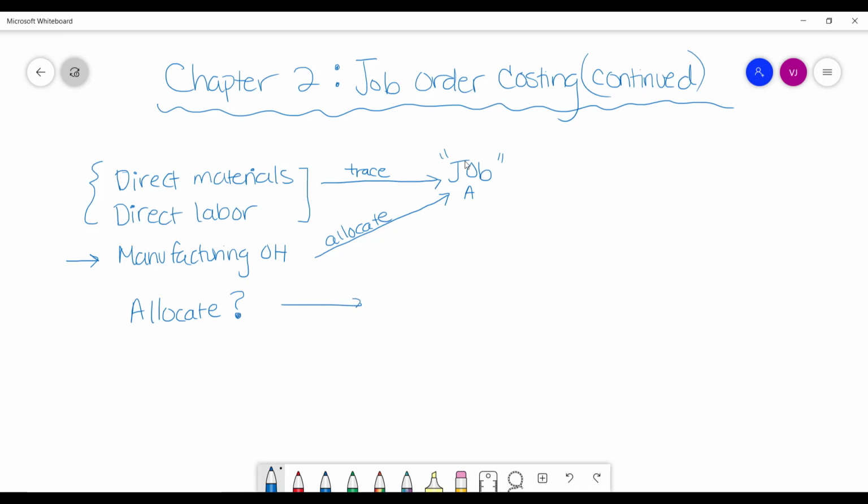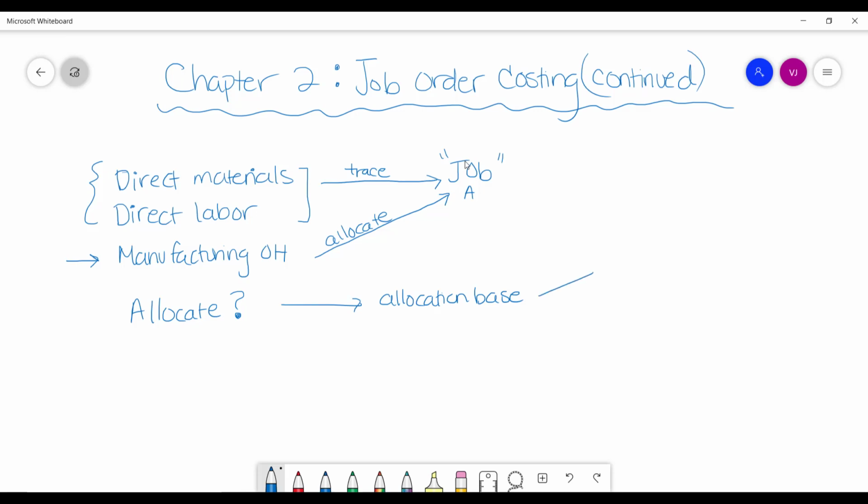Well, the first thing we need is an allocation base. An allocation base ideally should be something that in one way or another is driving this manufacturing overhead cost, in some way, shape, or form.